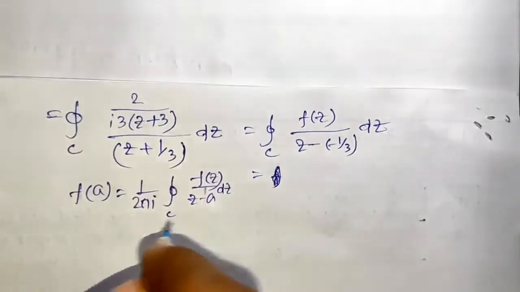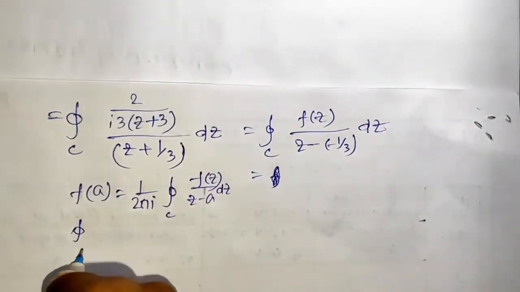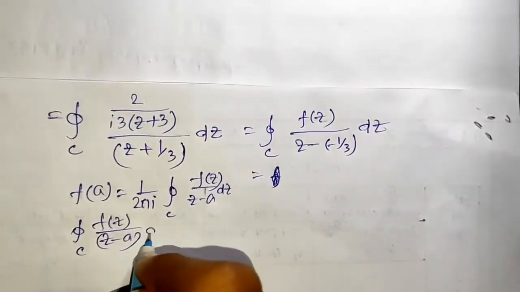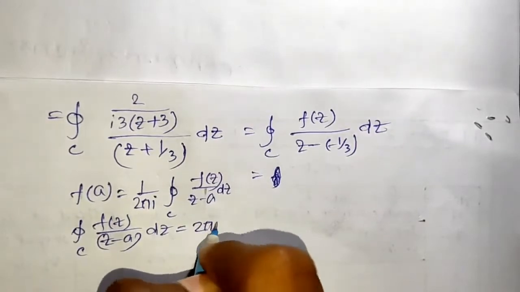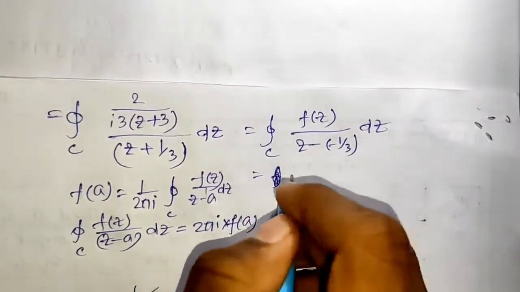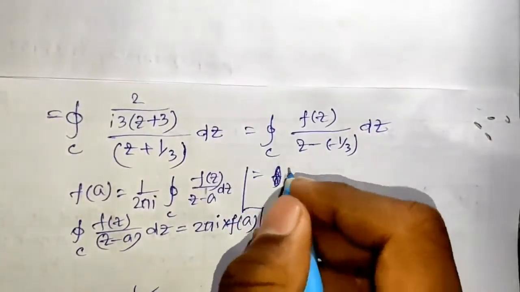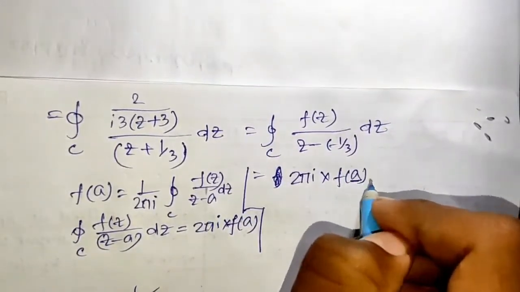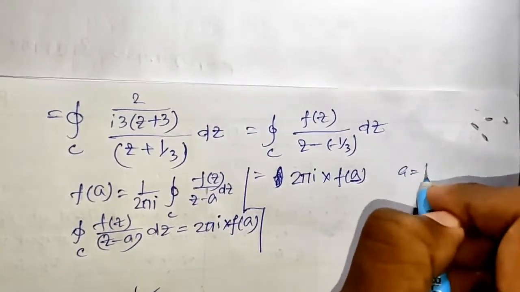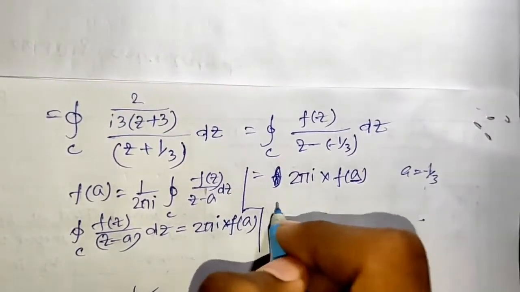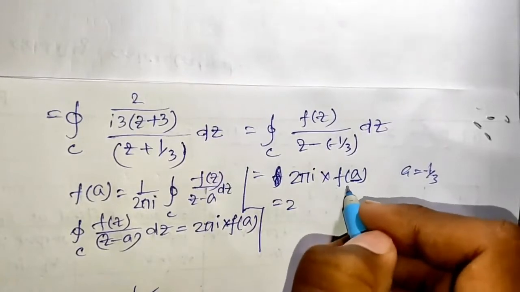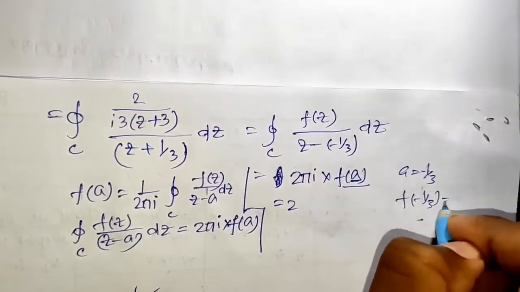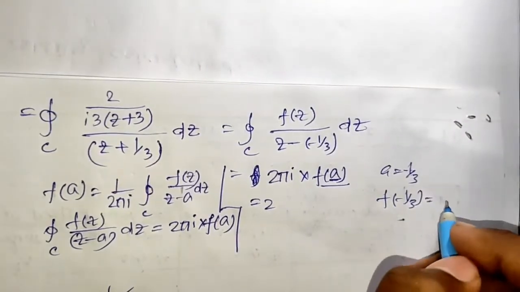So we can say the closed contour integral of f(z) by (z minus a) dz is 2πi into f(a). Here a is minus 1 upon 3, and we already evaluated this: f of minus 1 upon 3 is 1 upon 4i.